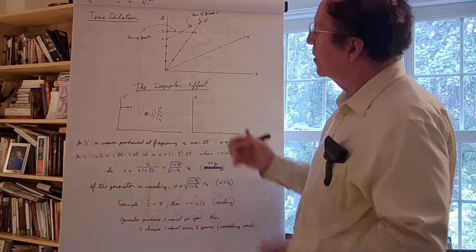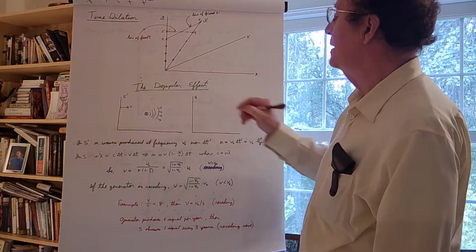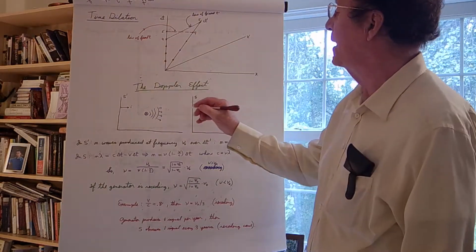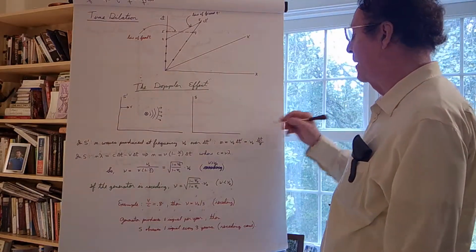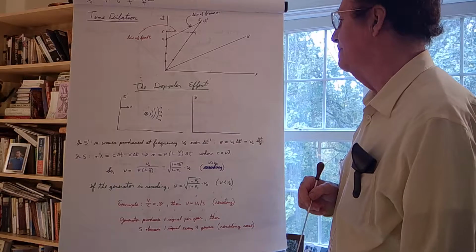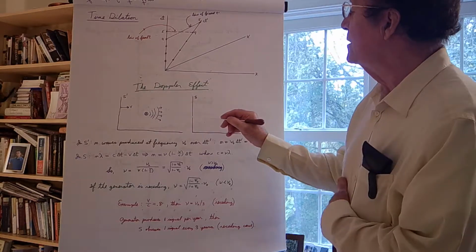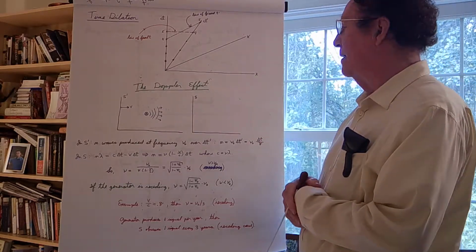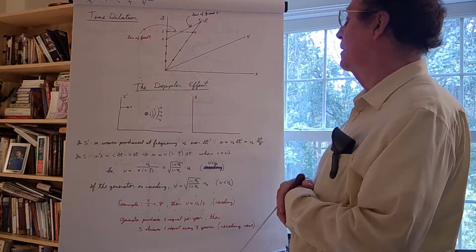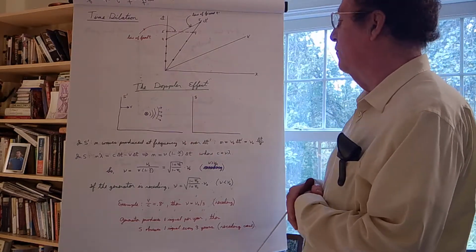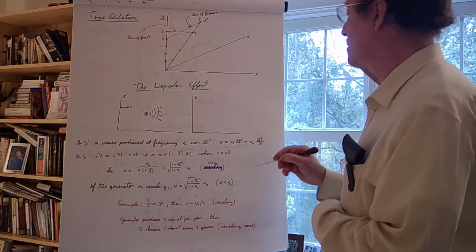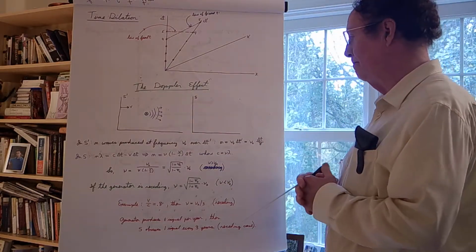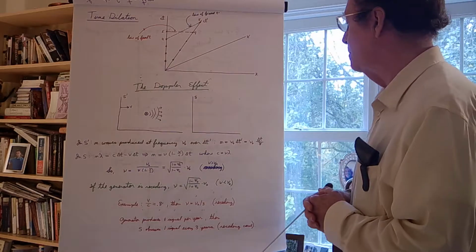Okay, and so here I imagine a signal generator at rest in the frame S prime, and S prime is moving to the right at velocity v as usual, and I'm going to pick up the signal in the frame S. Let's say that the signal generator makes a sinusoidal train of waves, and that n waves are produced at a frequency nu zero over a certain period of time delta t prime.